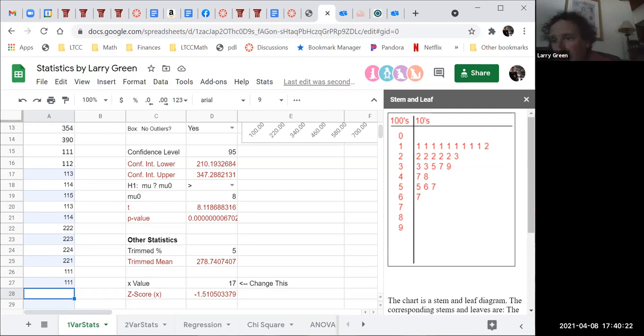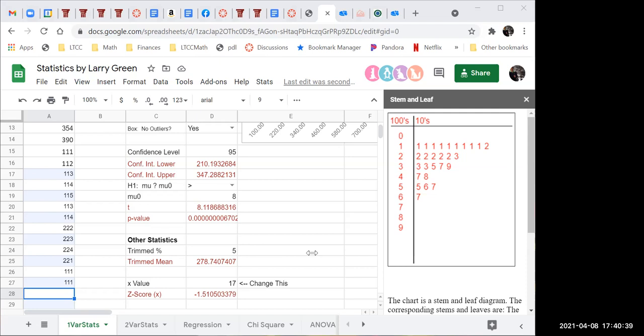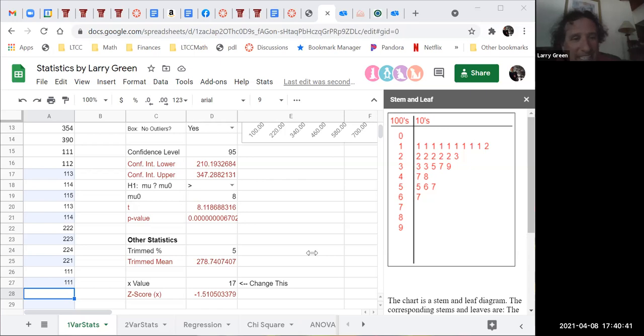What do you think? Is this one unimodal? What does uni mean, like unicycle? Many? Not money. Unicycles aren't about money. One. One. Okay. Yeah, right. A unicycle is one wheel.